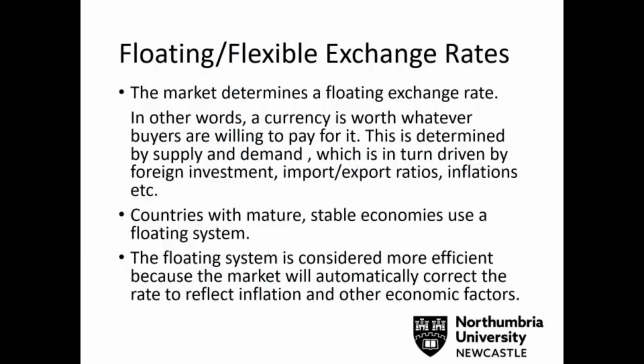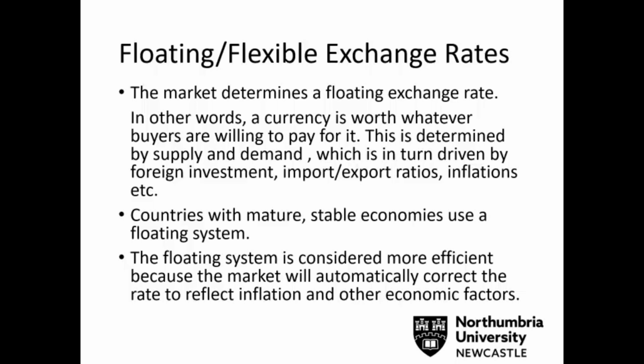Now let's look at the more floating exchange rate. This is really where two currencies are not pegged to one another, they're a floating rate. These are typically countries that are more mature, more stable, quite a lot of your Western currencies. These are typically seen as more efficient because there is an automatic balance of payments.